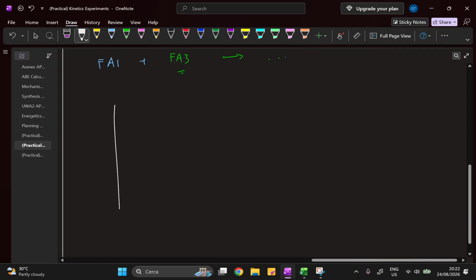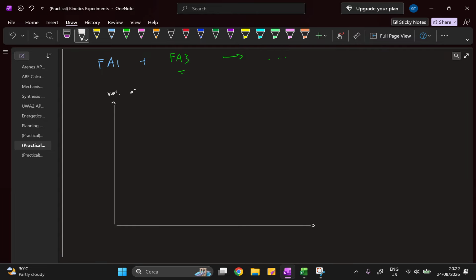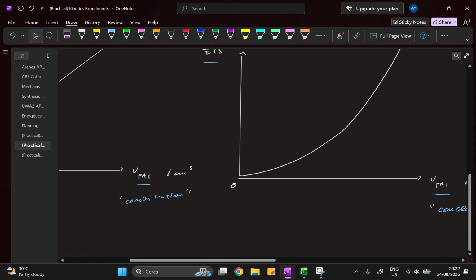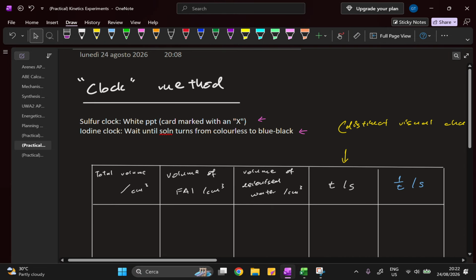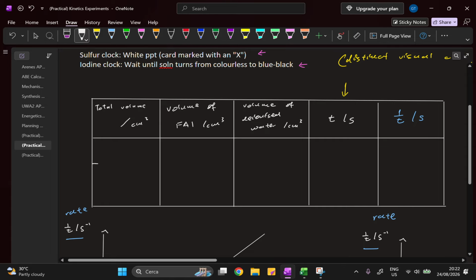Basically, I will then plot a graph of volume of Fa3. No, I'm so sorry. Wait. Oh, yes, it is volume of Fa3 against time. So remember for my clock method, I start and stop the stopwatch multiple times for each row of the table.